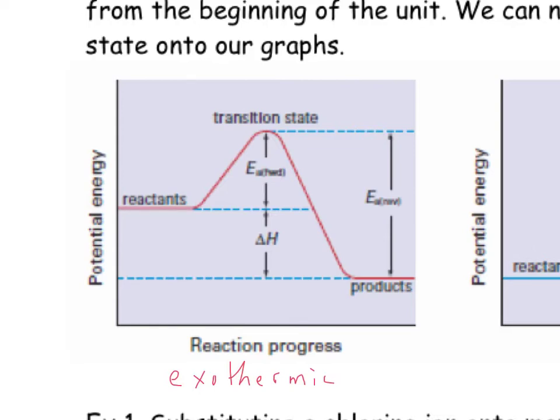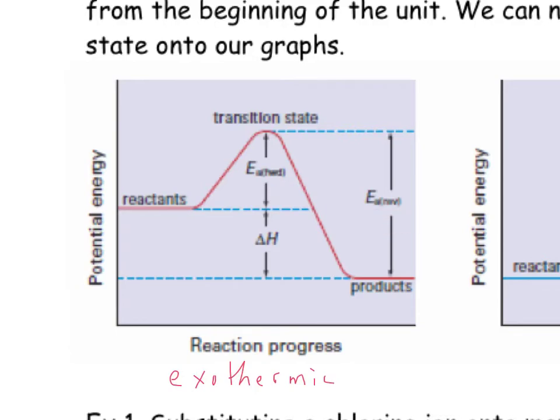Now, if I really wanted to, I could make an exothermic reaction run backwards and create an endothermic one. The activation energy for going in the reverse direction would be climbing up this hill to get to the transition state. That's why the energy difference between the products and the transition state is labeled as the activation energy of the reverse reaction.